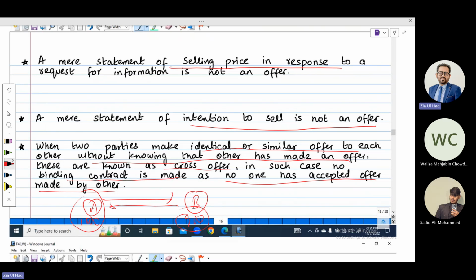So this means that the 1000 offer was cancelled. And A rejected his offer of 900. Now B cannot say, okay, I want to buy at 1000, this is my acceptance. No, this is another offer. So now if A accepts, there will be a contract. If he doesn't accept it, there will be no contract.